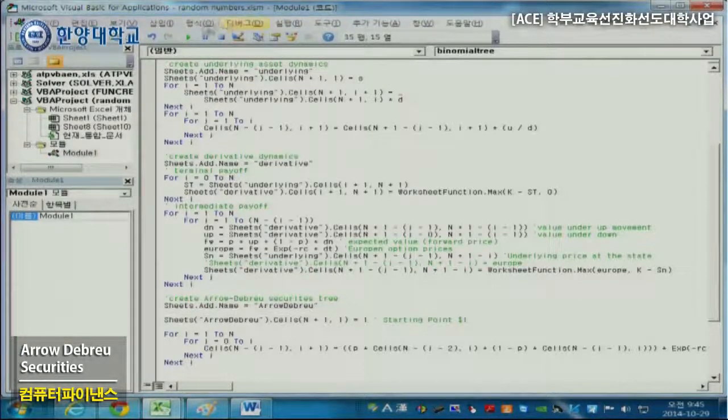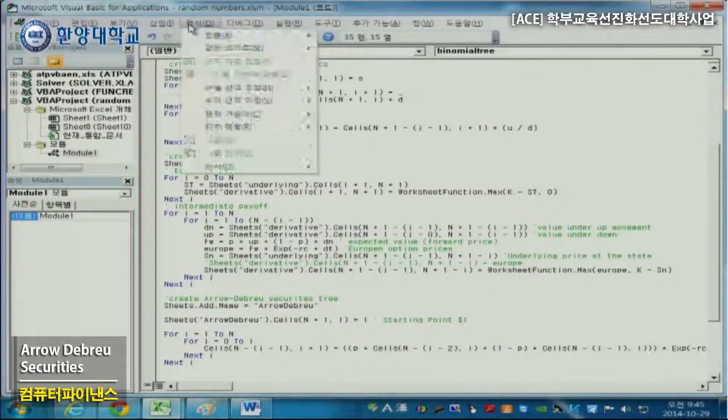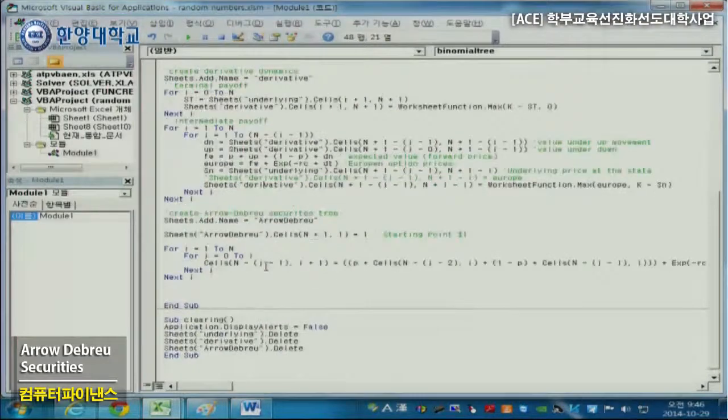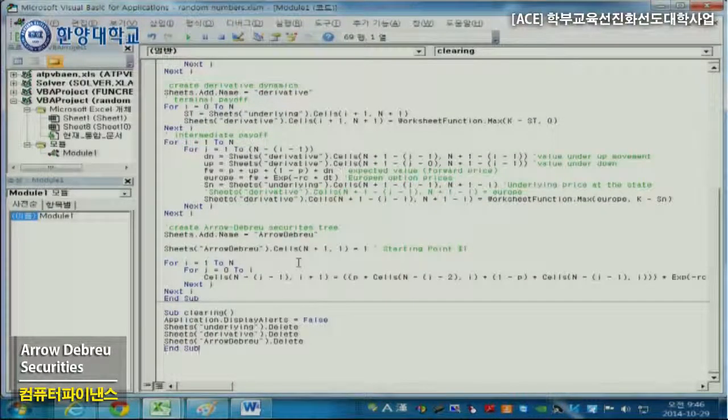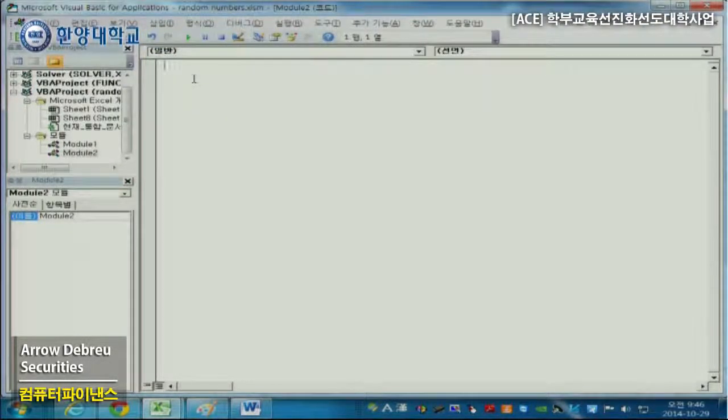Let me add another module, module 2, to solve the random number exercise.